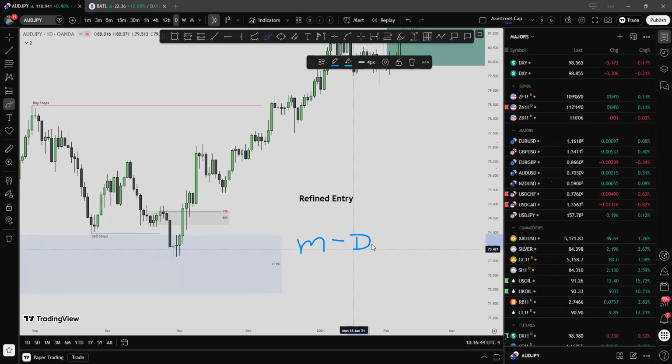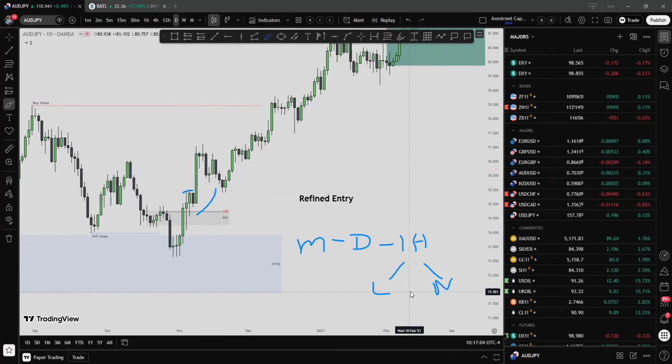You've gone into the daily to find your confirmation. And now in here, once you have your confirmation, you can go into the 1 hour. There's not a problem with that at all. Okay. You go into the 1 hour and choose London session or New York session and look for price action to confirm on the lower time frame that the market is now going to the buy side of the curve.